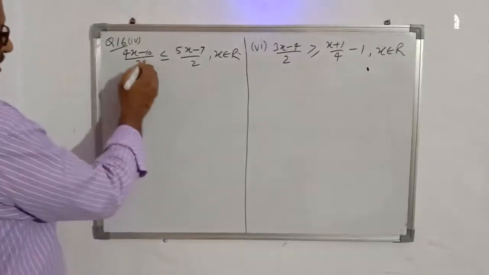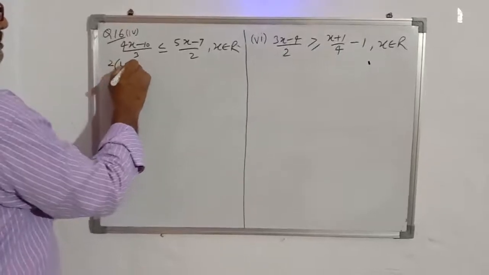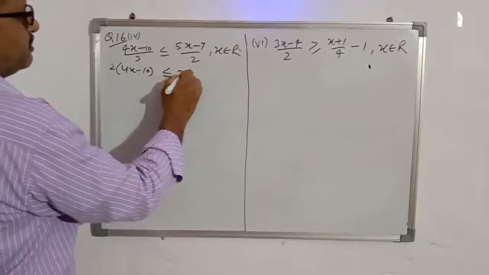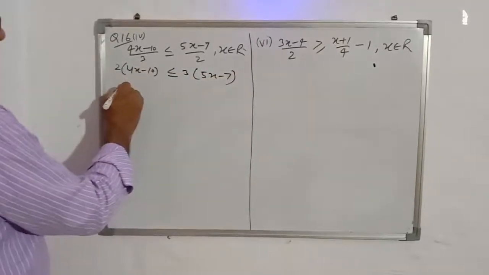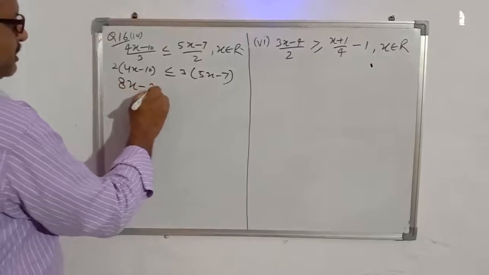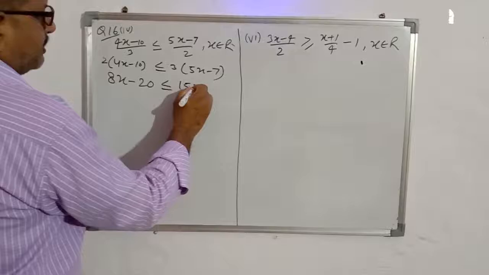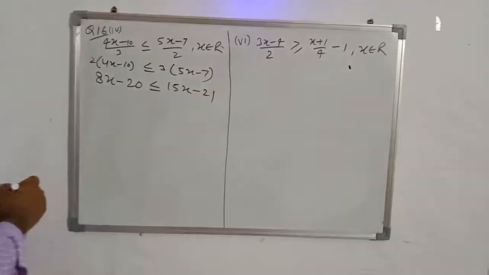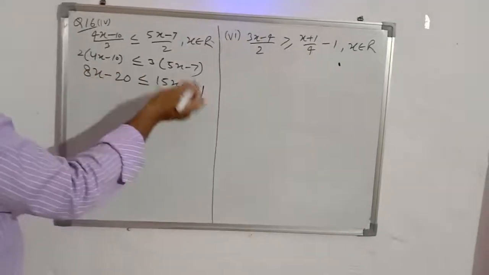So firstly cross multiply: 2 into (4x minus 10) less or equal to 3 into (5x minus 7). Open the bracket: 2 fours are 8x minus 20; 3 into 5, 15x minus 21. Transpose all the literals to one side, all the numerals to the other side.